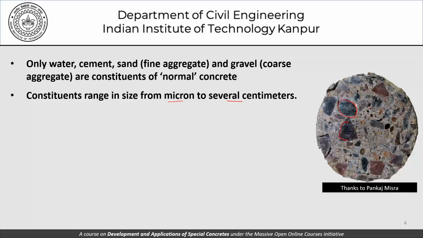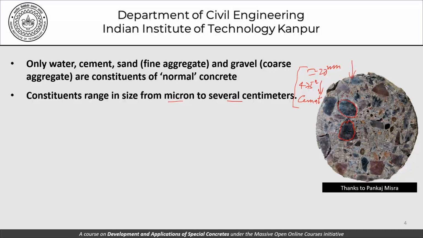These aggregates are of the order of maybe 20 millimeters, whereas sand is typically about 4.75 millimeters and below. Cement is much finer than that. All these solids mixed together, with water added to them, create a composite material which is expected to be homogeneous. And this is what this material finally looks like in the hardened state.